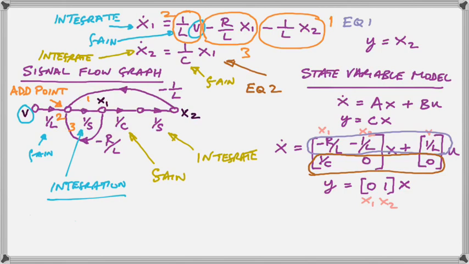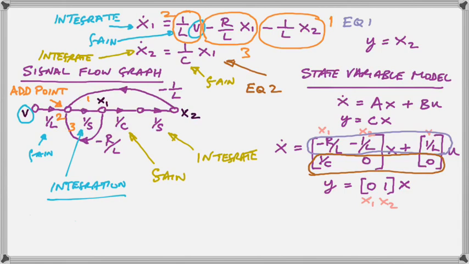And it so happens that because of the way we have defined it, if you look back at the diagram, the output is x2. So that's the reason why x2 is on the rightmost side of your signal flow graph, and the input is V, or the voltage source.